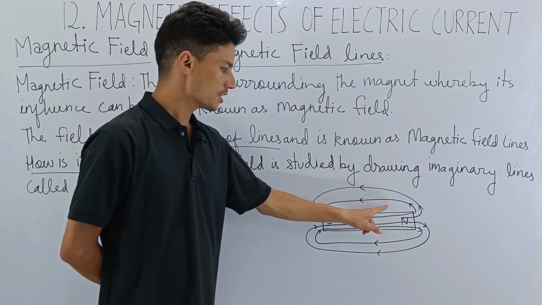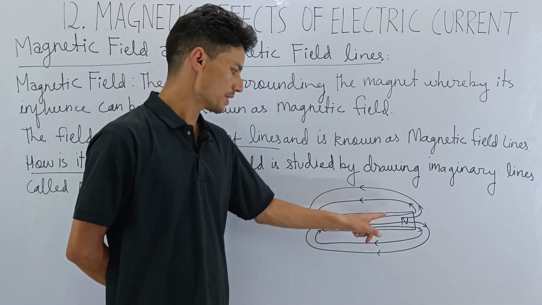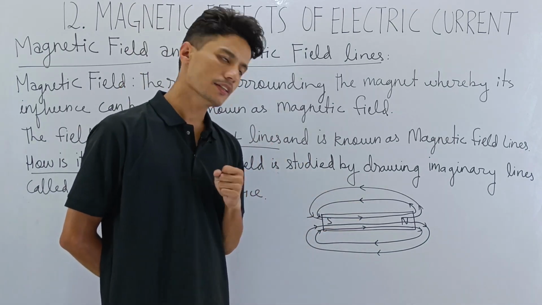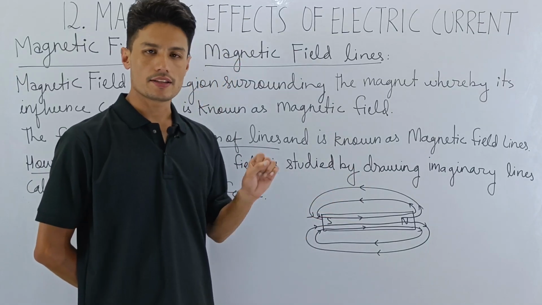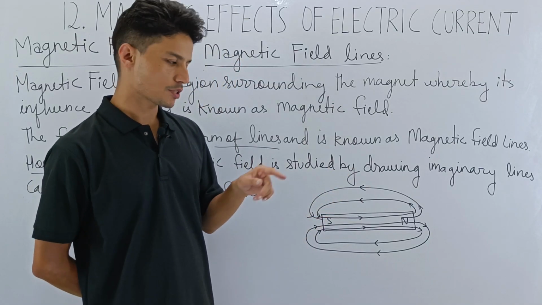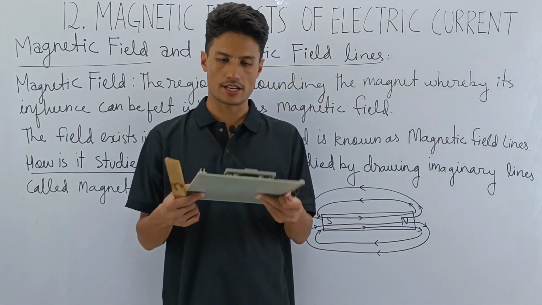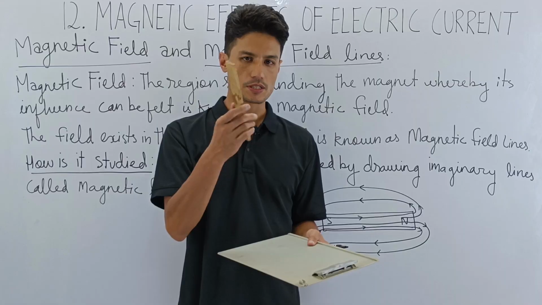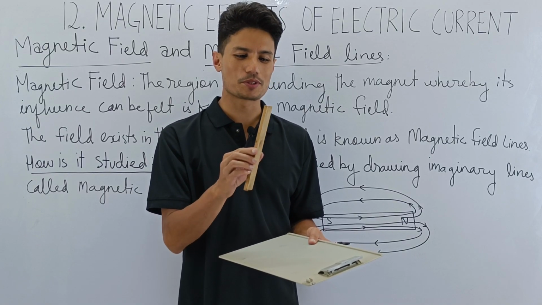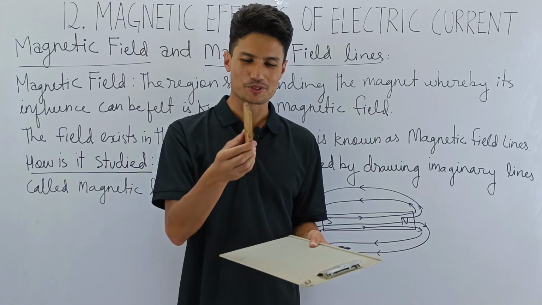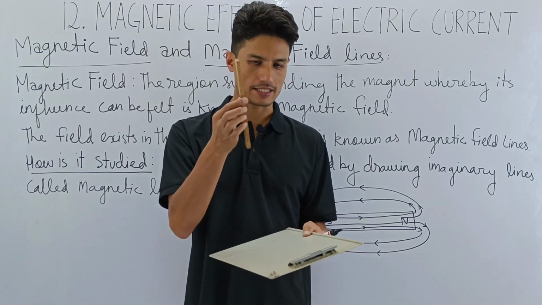They exist in the form of lines, and this has been experimented and verified. In your textbook there is a demonstration. Let's say I have here a cardboard, and let's say this is a magnet.